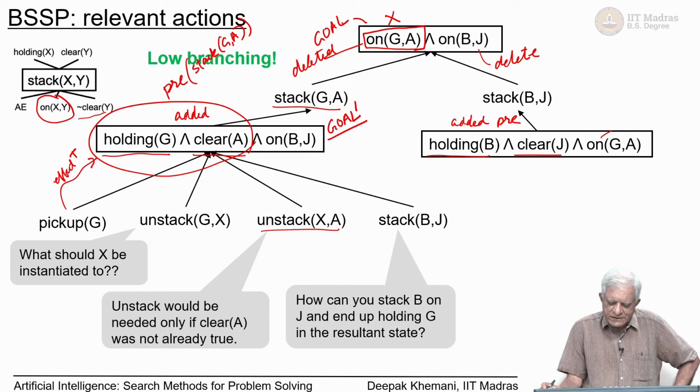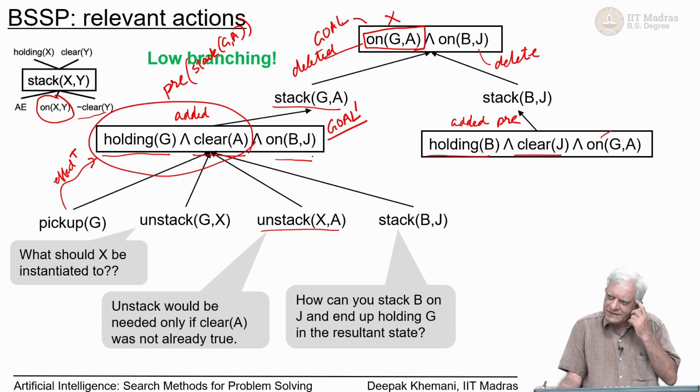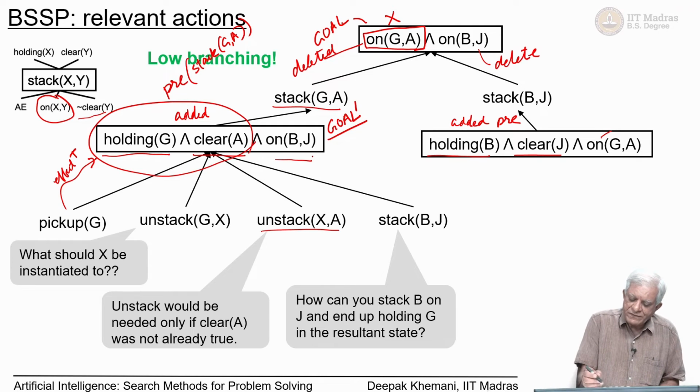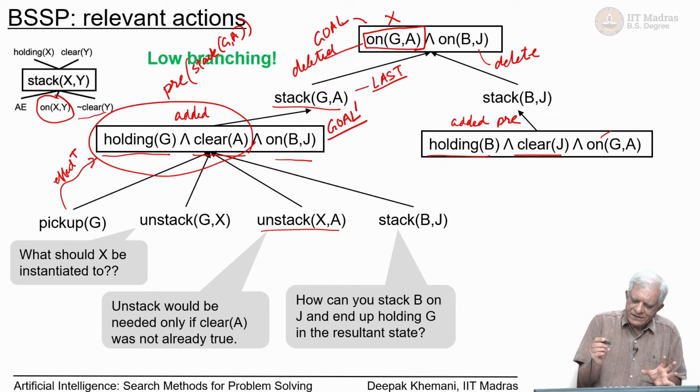And of course, the predicate which is still around is that on B J must be true. So, we could say stack B J is an option. So, what are we saying here? We are saying that this is the last action in your plan. If that is the last action, then you go to this sub goal, goal prime.